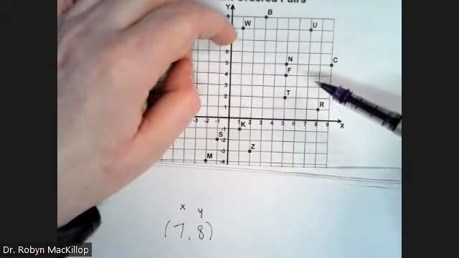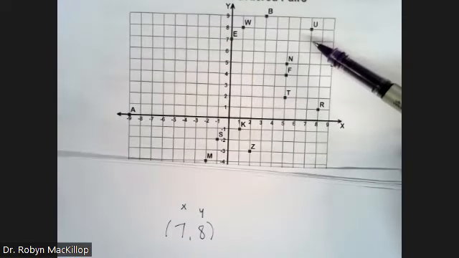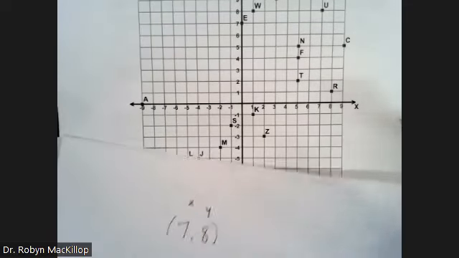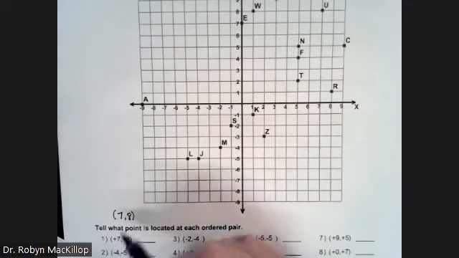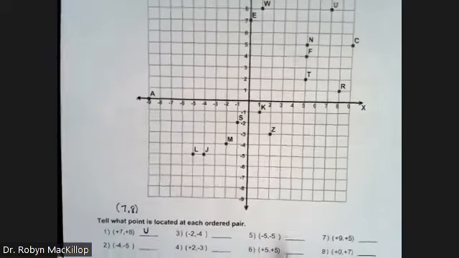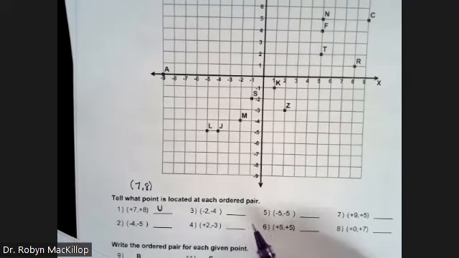We're going to bring those two lines together. And we've got U, with the ordered pair, they led us to the coordinate U. And that's all you're doing on this page, is you're finding the label for each coordinate.